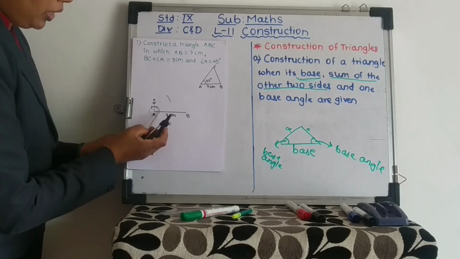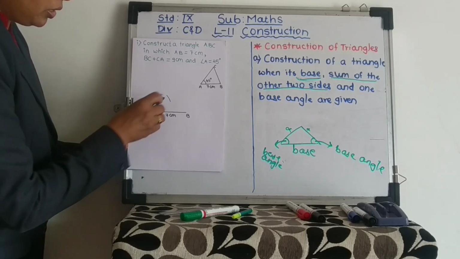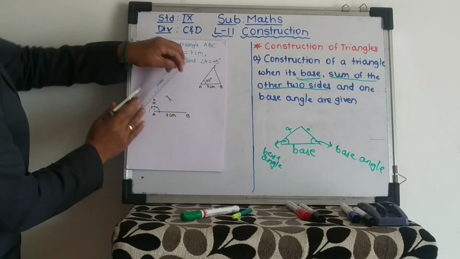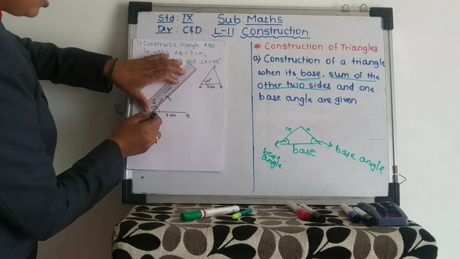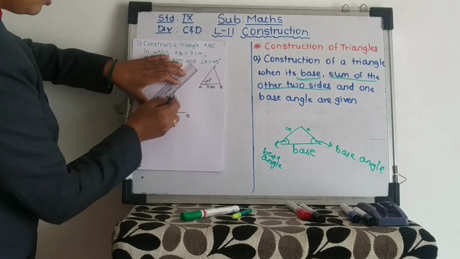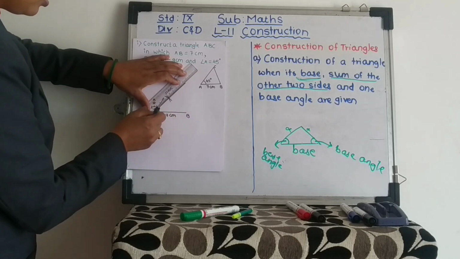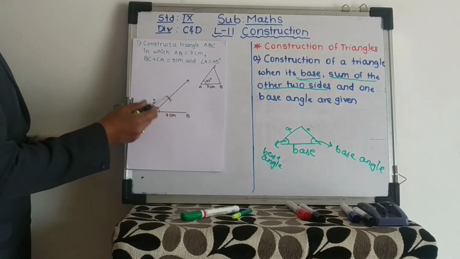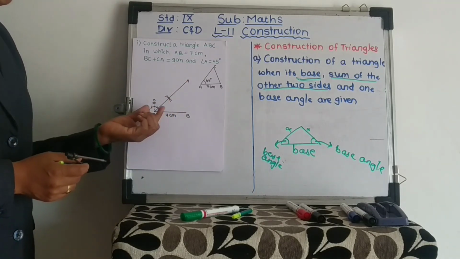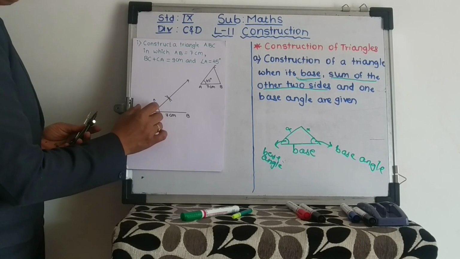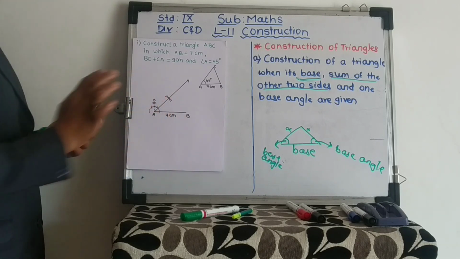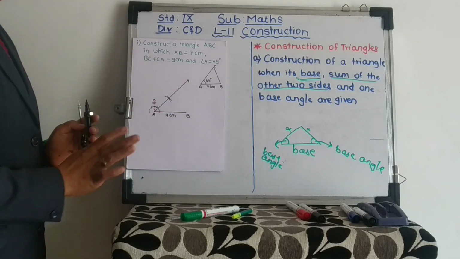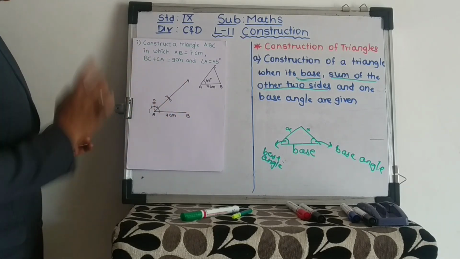Now put the point on AB, where the arc has cut, and draw the intersecting arc. Whatever you have got, draw it as a darker line, because now the 45 degree angle is formed. If you put a protractor here and measure, you will find exactly a 45 degree angle. Don't use a protractor to draw this angle, only to make sure.